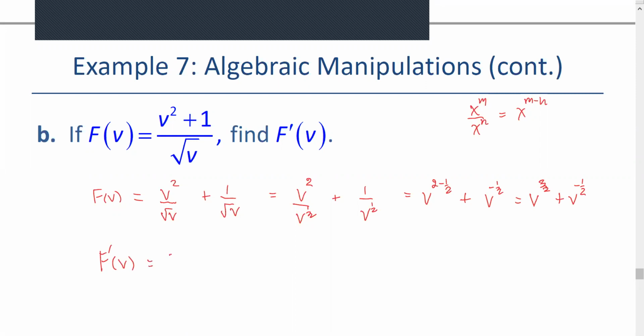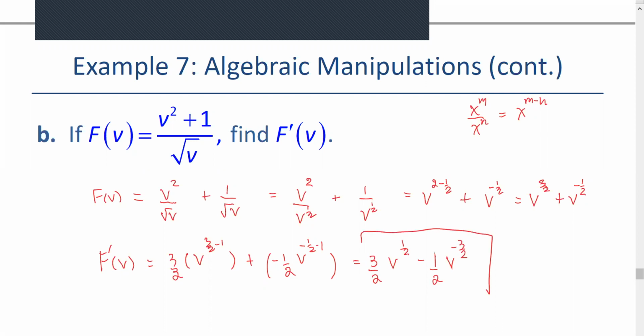And we get 3 over 2 times v to the 3 over 2 minus 1 for the first term plus negative 1 over 2 times v to the negative 1 over 2 minus 1 for the second term, and then simplify to get the final result, which is 3 over 2 v to the power 1/2 minus 1 over 2 v to the power negative 3 over 2 as a derivative of the function f with respect to v.